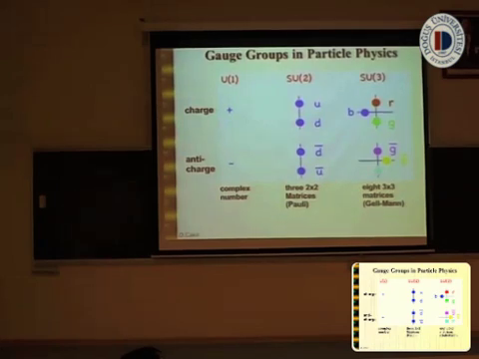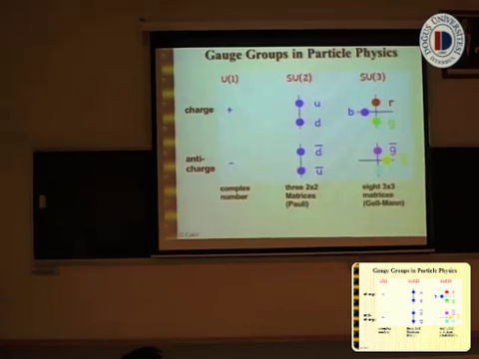This gives us an electric charge. This is just a complex number here, which is the generator of the U1 group. There are 3 2x2 matrices as the generator of the SU2 group, and 8 3x3 matrices for the SU3 group.